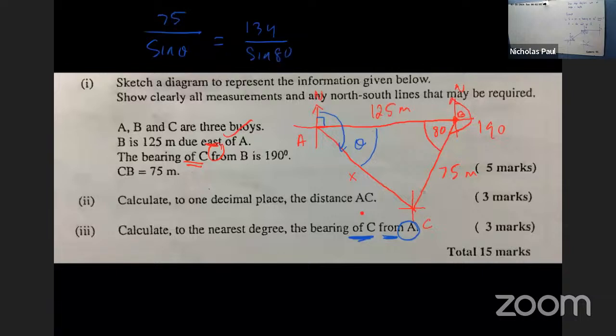Two fractions equal, so cross multiply. And then you will get theta. Theta is equal to sine inverse of 75 over sine 80 over 134.